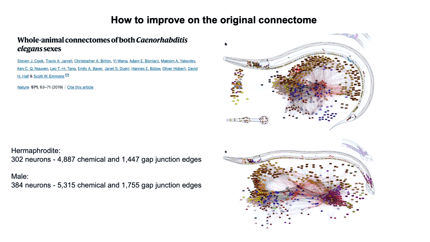But how to improve on this? At that time they did the connectome manually, and the microscopes were not as good, so there were a lot of misses. People realized that there could be more misses that we need to identify, because later functional studies said that there should be a synapse, but the connectome does not say that.